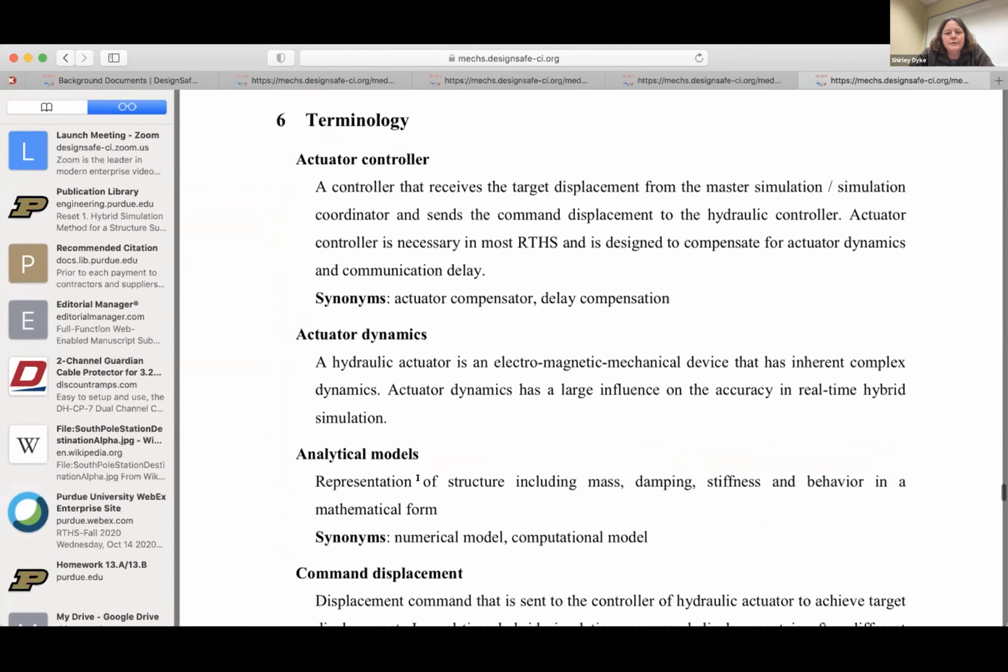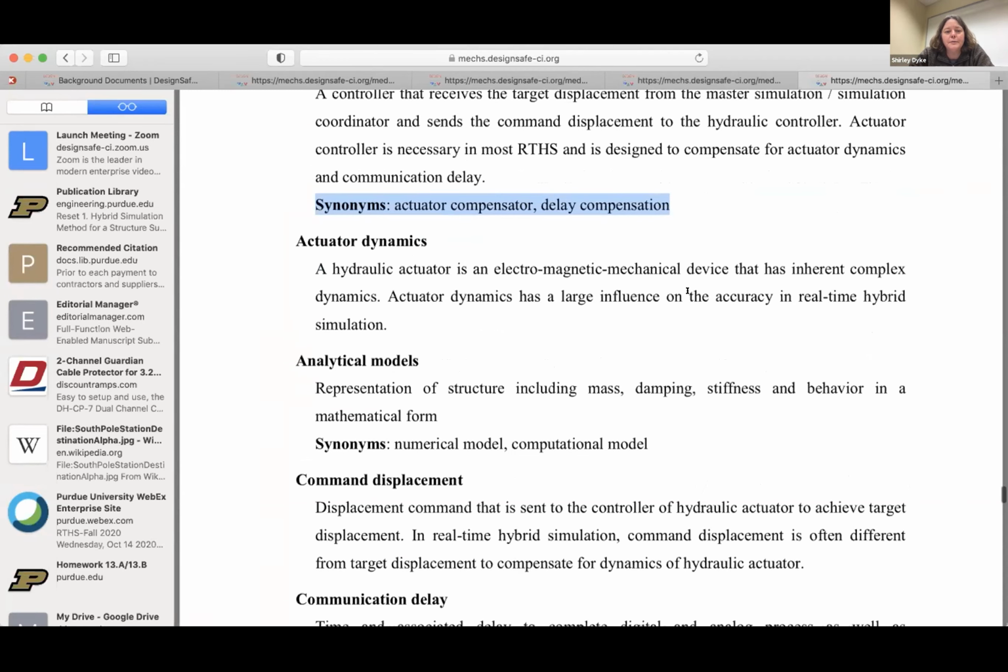But it has, for instance, actuator, controller, actuator dynamics. It has definitions for these, and then it has a list of synonyms. The synonyms are really helpful for people trying to read papers from different sources, where people use different terminology and it's really the same thing. So for people starting off, this is a great document. Even though it was 2014, I still think it's very useful.